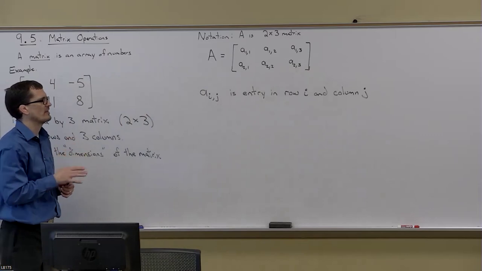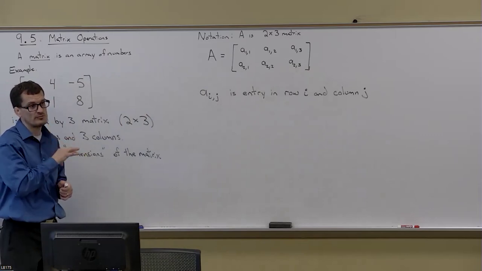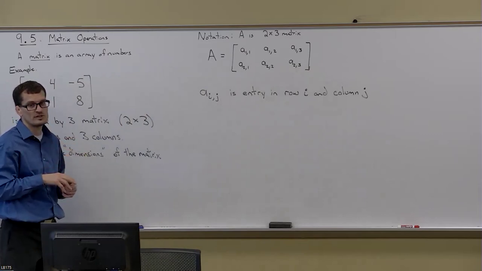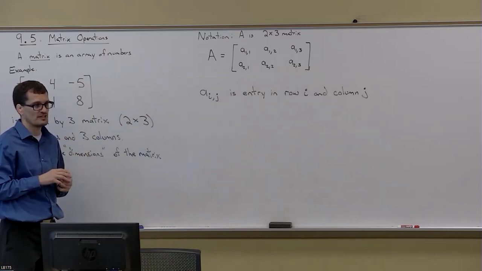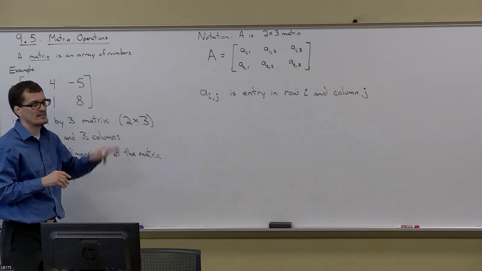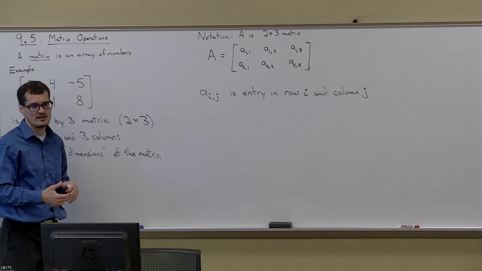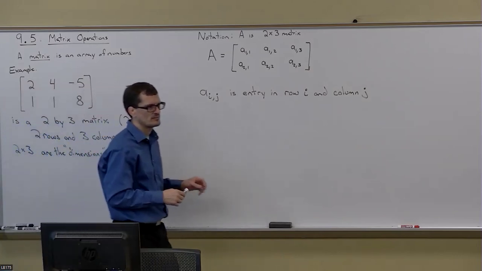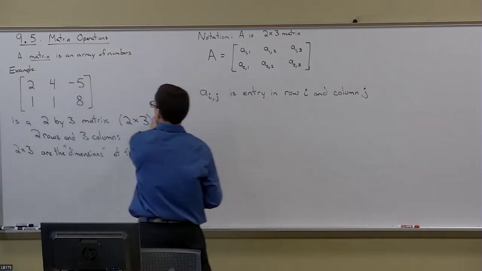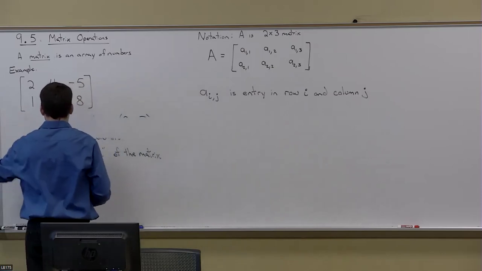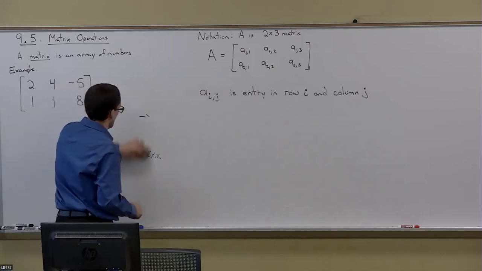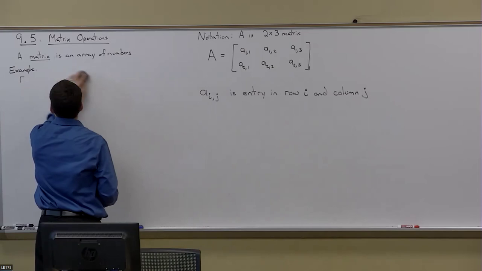I'm putting this out there because we're about ready to multiply two matrices together. And there's really some special stuff that we do when you multiply two matrices together. And I'm going to use that notation to describe how you multiply. Okay, does that make sense? All right. So here's the weird operation.